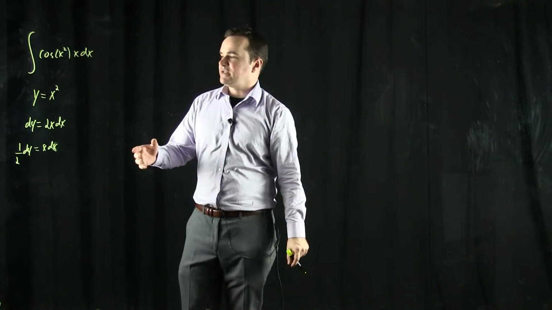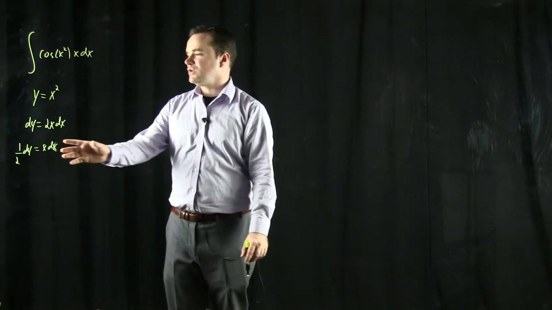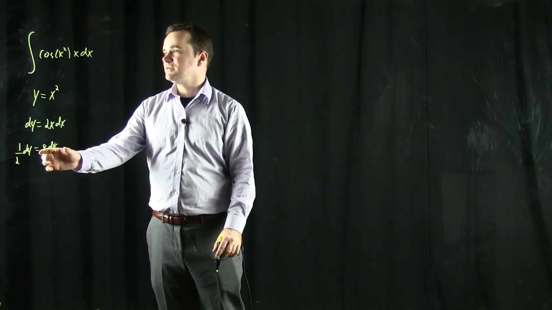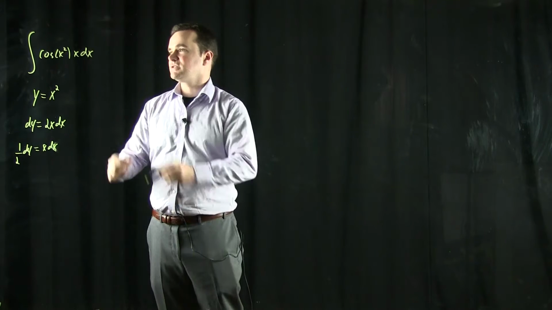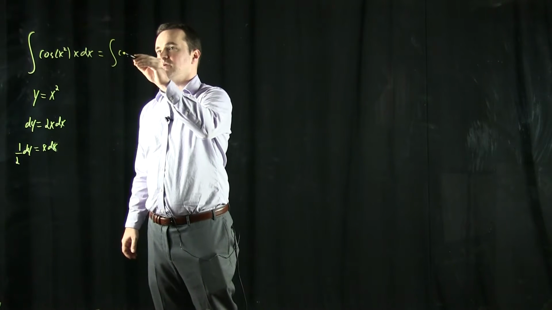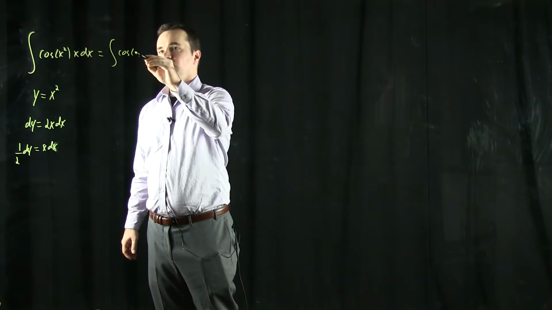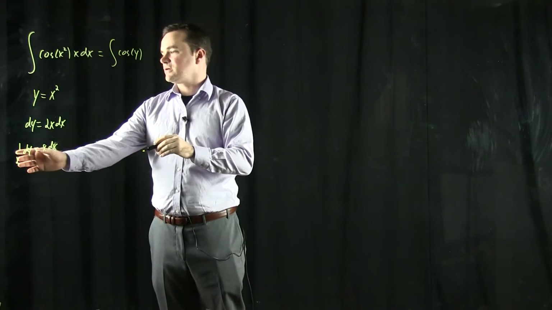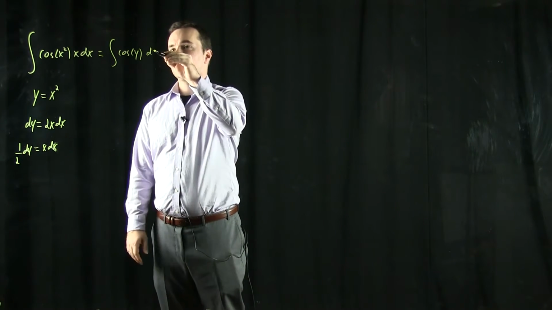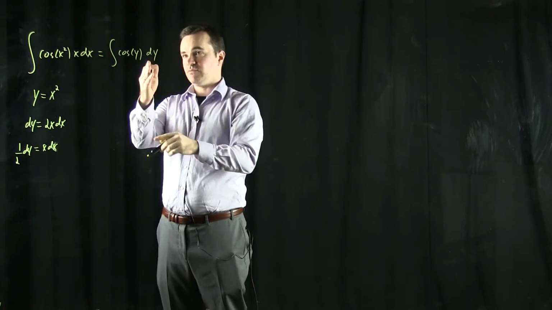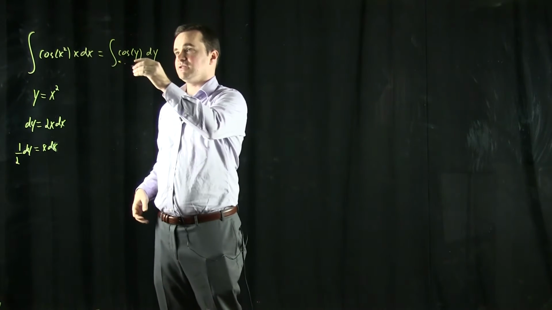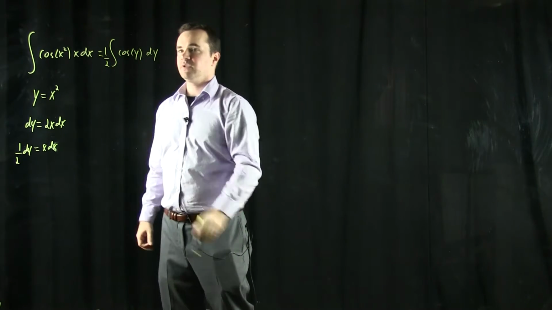This might not seem super mathematical, but what you can really do is directly substitute the x dx in here and get cosine of y. And x dx is going to be 1/2 dy. So I'll put 1/2 dy there, but then you can factor out the constant and bring it out here.